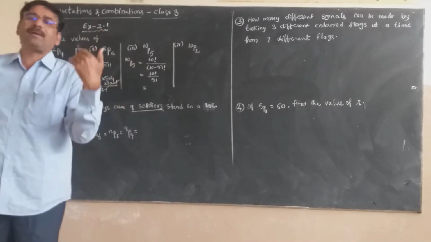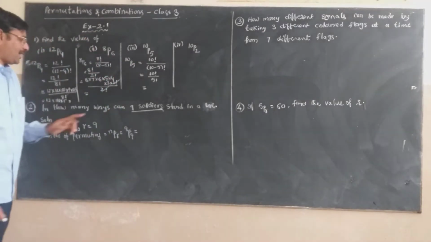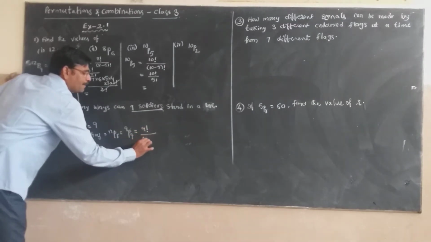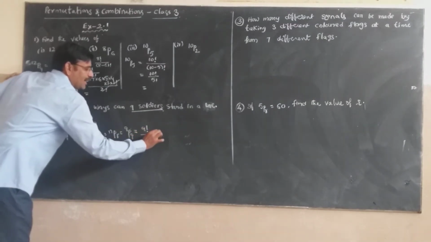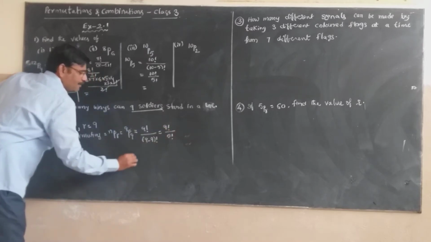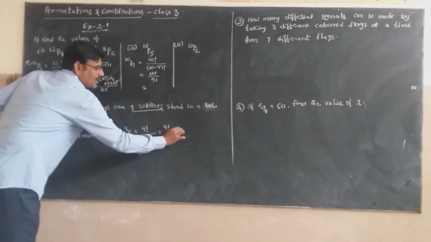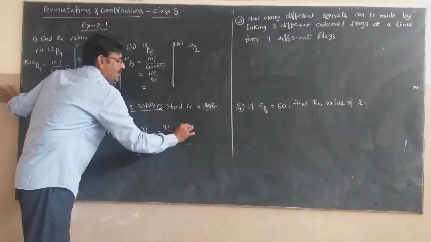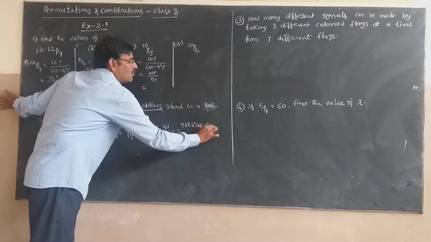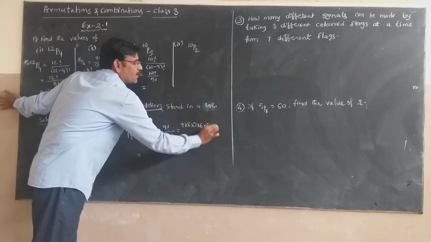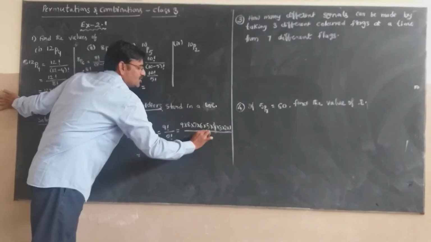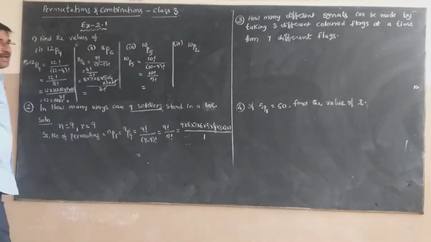You can evaluate by making use of a calculator. 9P9 is equal to 9 factorial by (9 minus 9) factorial, therefore 9 factorial by 0 factorial. 9 factorial is 9 into 8 into 7 into 6 into 5 into 4 into 3 into 2 into 1, divided by 0 factorial, which is 1. You simplify that value.